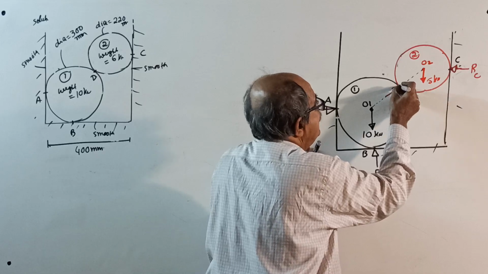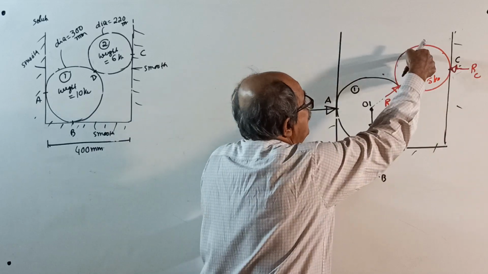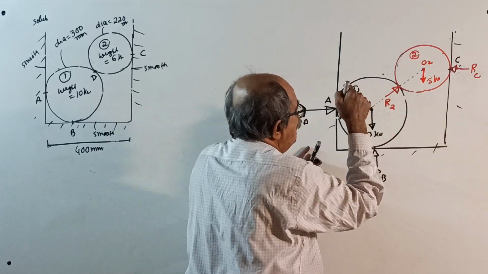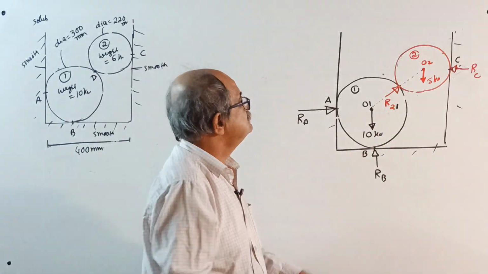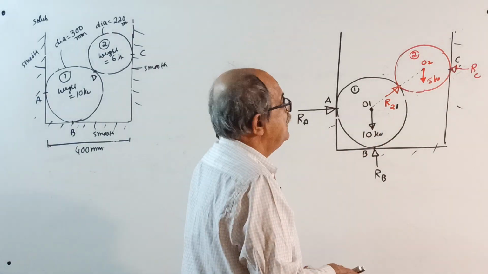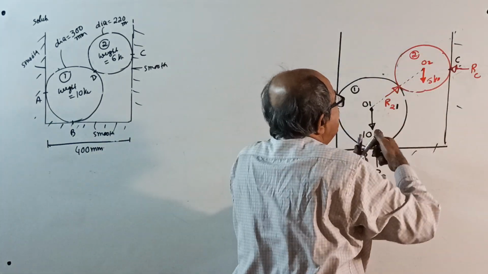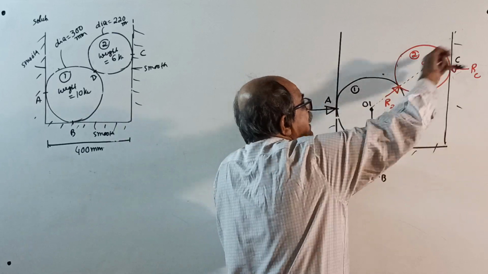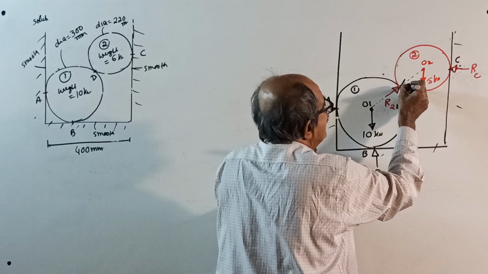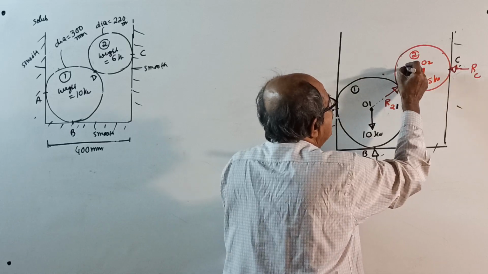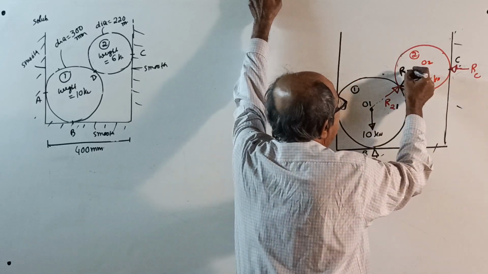This red color, see: reaction on cylinder 2 from cylinder 1. Now, since this is pushing that side, that will push it back here. This will push it that way, that will push it this way. So, see, arrow mark here. Reaction, see black color, reaction on cylinder 1.